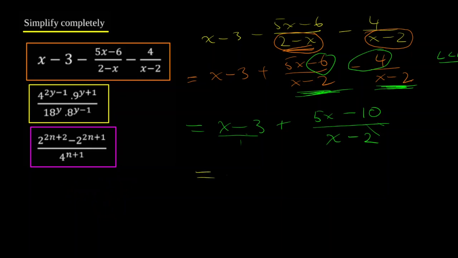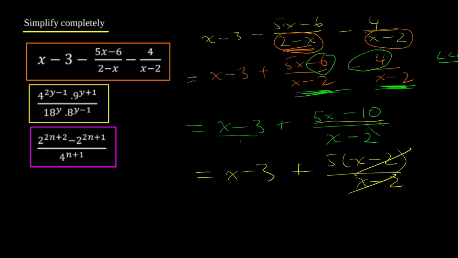I can continue this as x minus 3 plus, you can take a common factor out over there, and that's just 5, and then I'll have (x - 2) over (x - 2). Anything divided by itself is 1, so we'll have x minus 3 plus 5, and minus 3 plus 5 is just plus 2, so I'll be left with the exact same x plus 2.